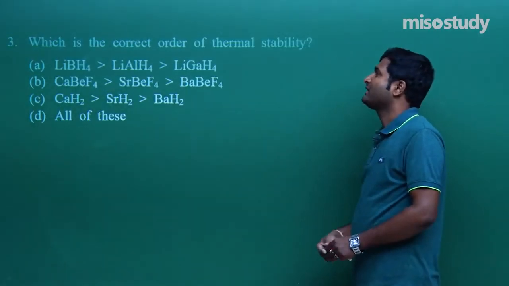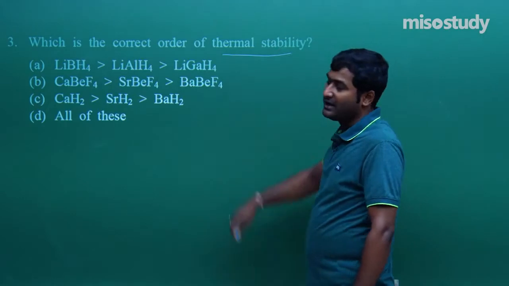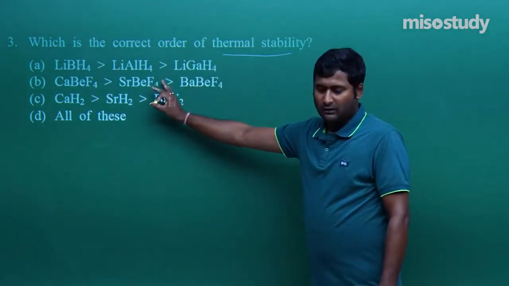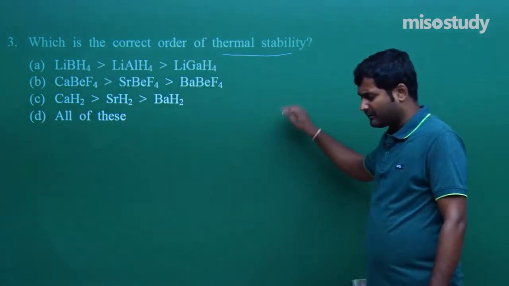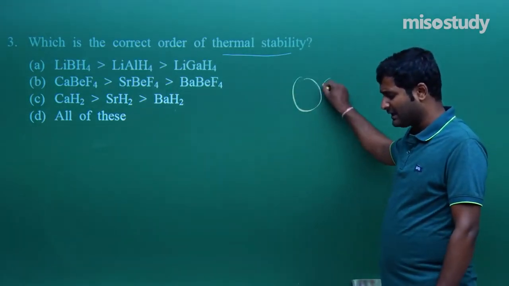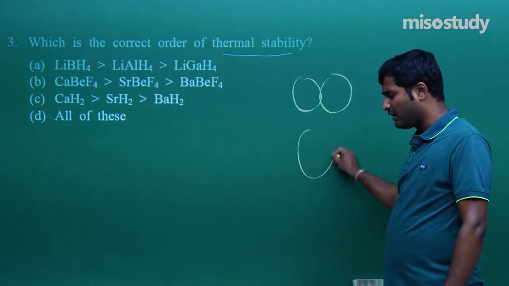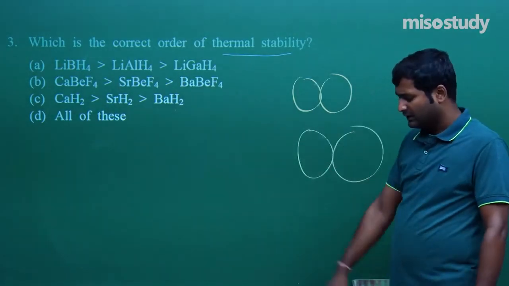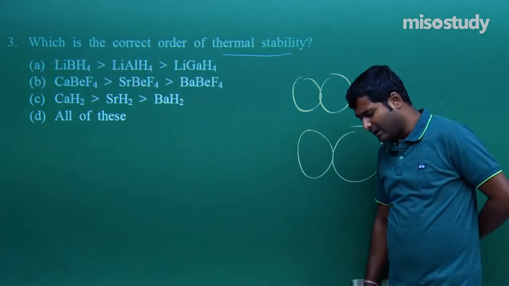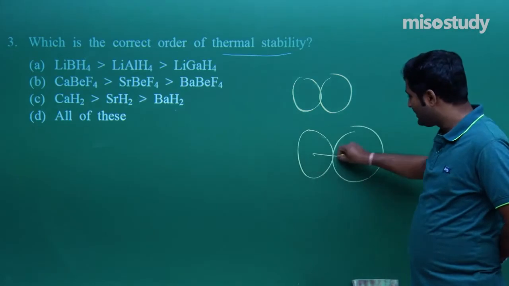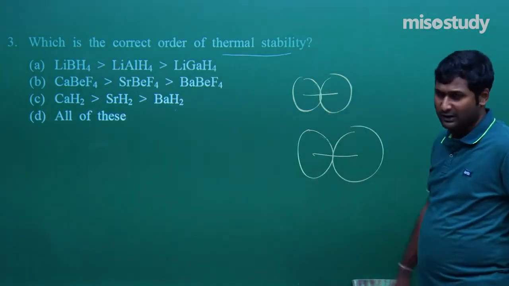Which is the correct order of thermal stability? Tell me one thing. I am not telling anything about this question. If I talk about this one and this one, now tell me which one has the larger size. So this one has a large size, and this one has a smaller size.